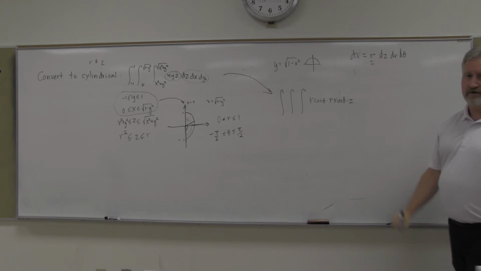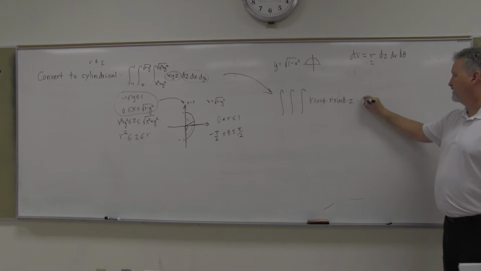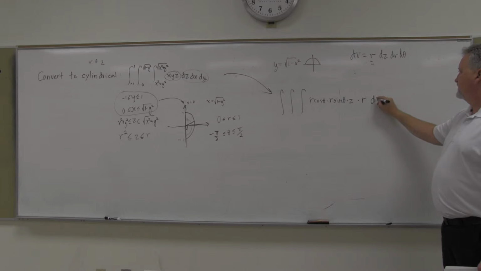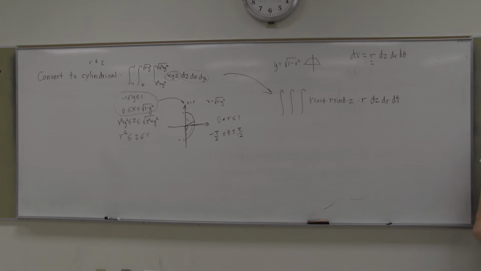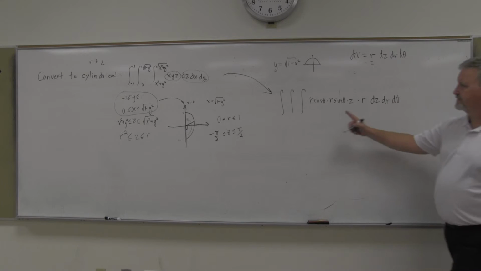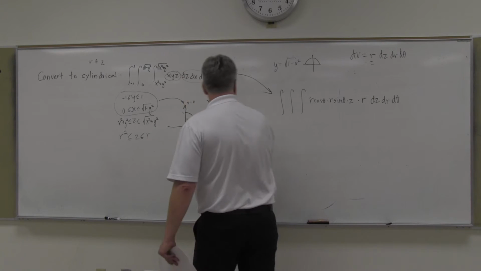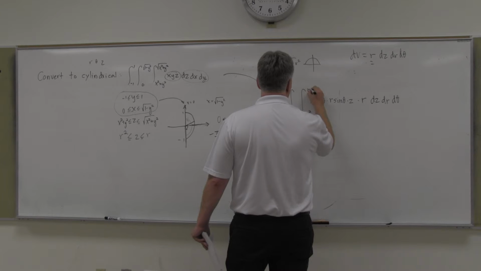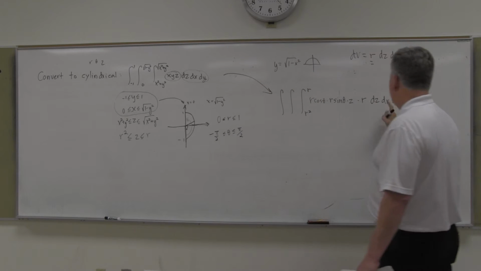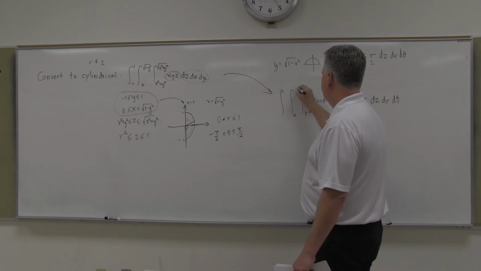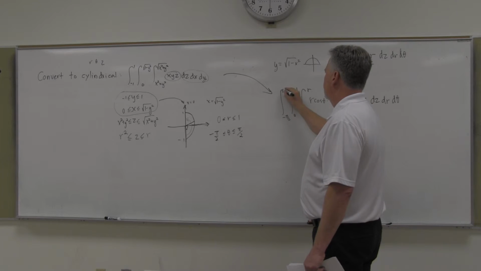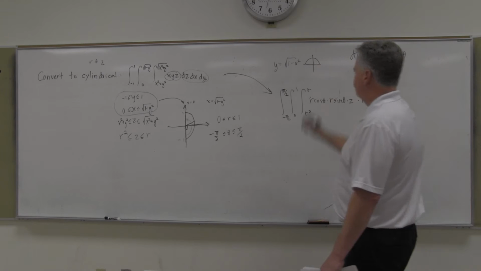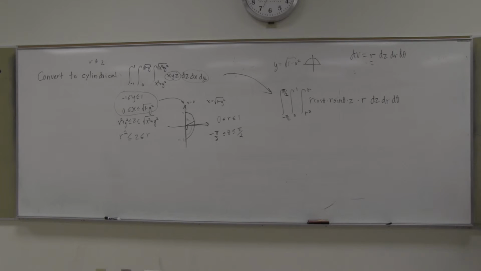You've got that extra r thrown in there, so we have to add the r. dz, dr, d theta is usually the order we want. Putting in the limits, the z's are first: r squared to r. The r's are next, that's 0 to 1, and then theta is negative pi over 2 to pi over 2. And then you evaluate it accordingly.